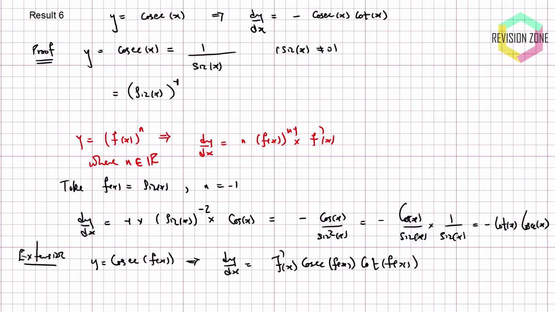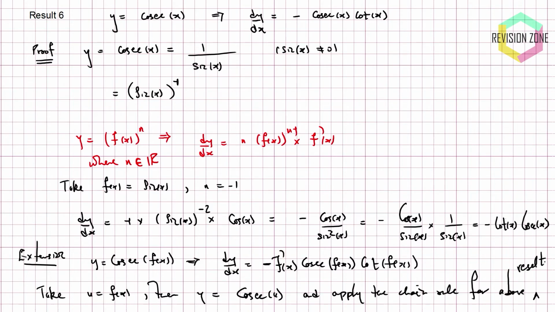And I didn't put the minus from earlier. So that's what you'll get. I won't run through the entire details. You may actually check this. Take u equals f of x, then y equals cosec u, and apply the chain rule.